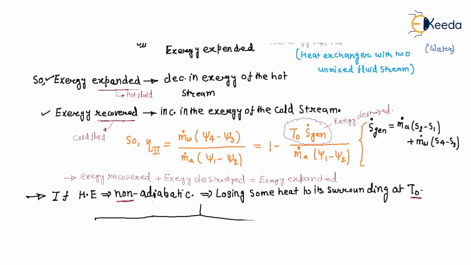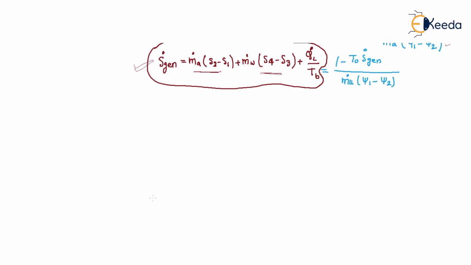So if you take one example, what is the example? The example is that a heat exchanger brings 10 kg of water, that is, the mass flow of water is given as 10 kg per second, from 100 degrees centigrade to 500 degrees centigrade.